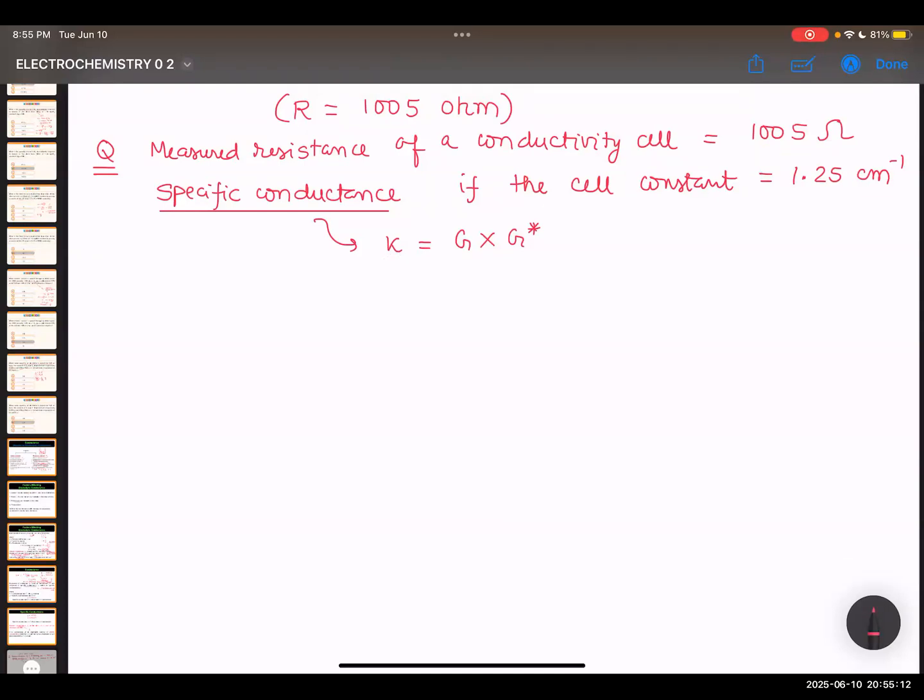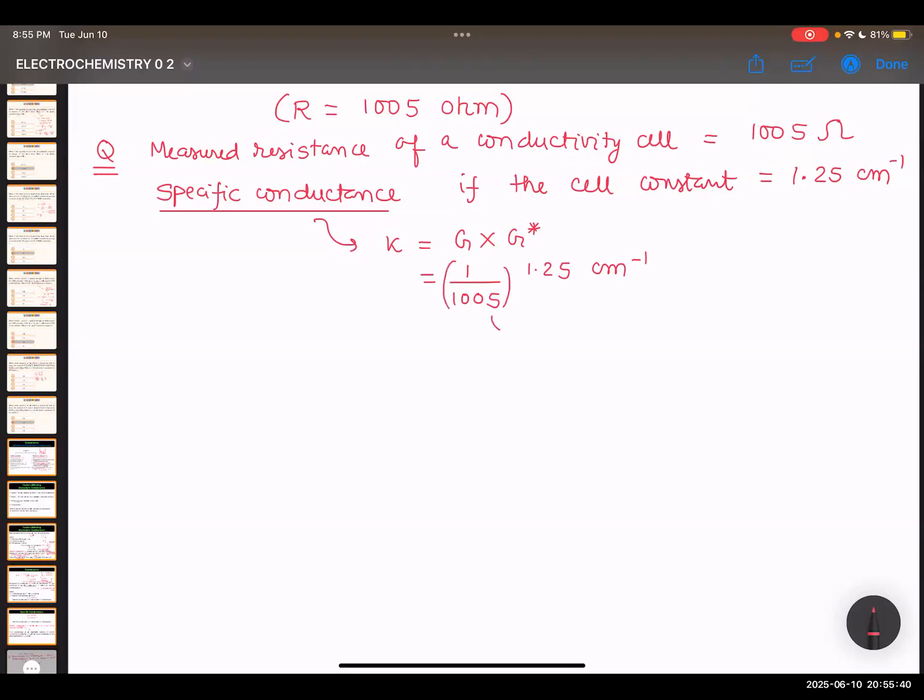So conductance is the inverse of resistance, the reciprocal of resistance, and the G star is already given, 1.25 per centimeter.